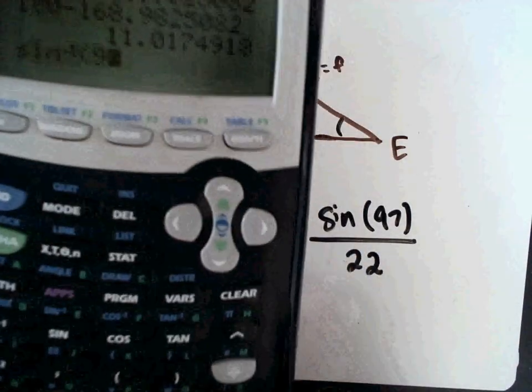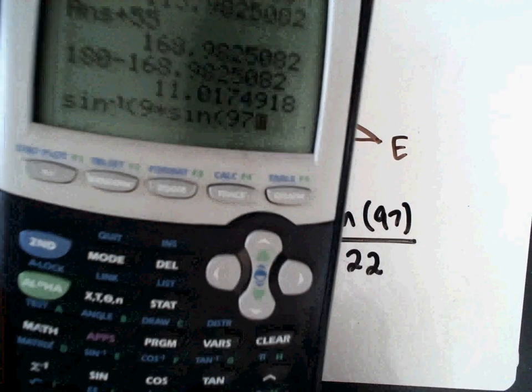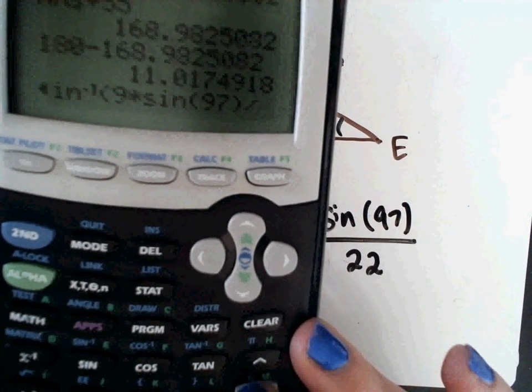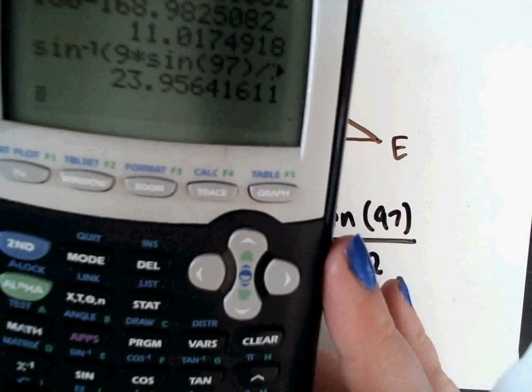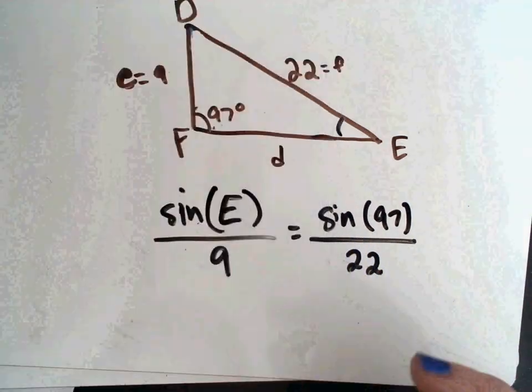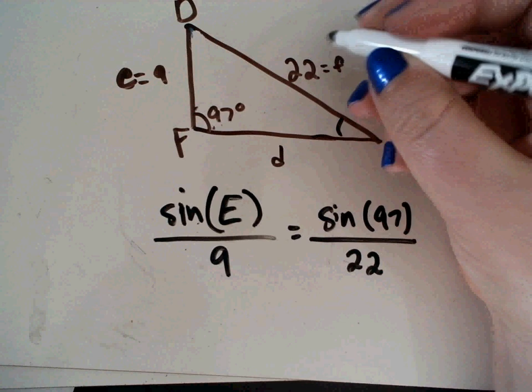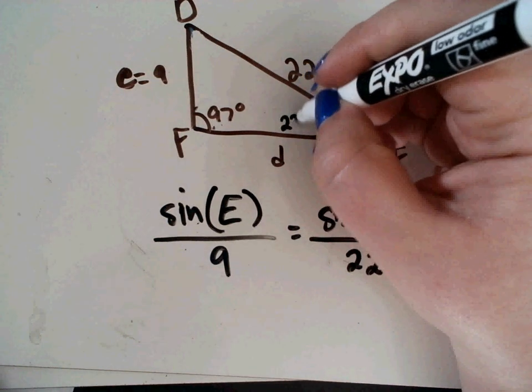So sine inverse of 9 times sine of 97 divided by 22, and that is 23.956.